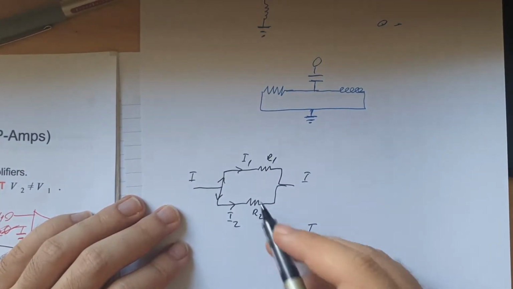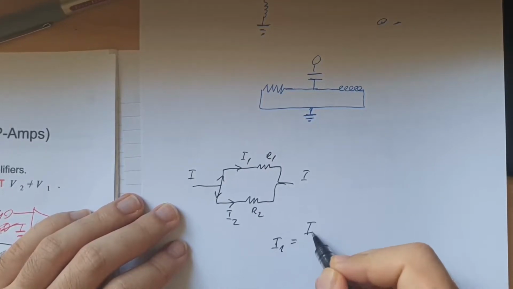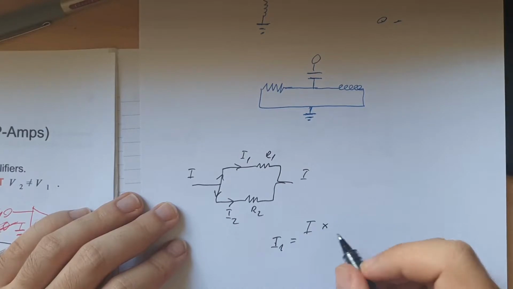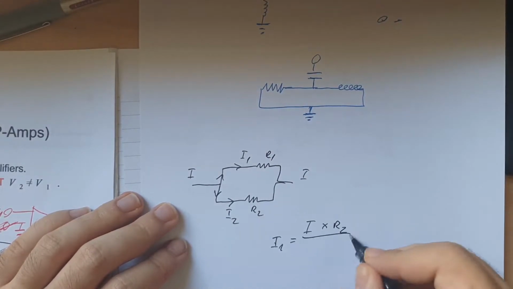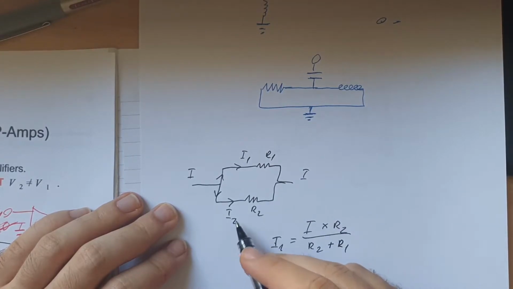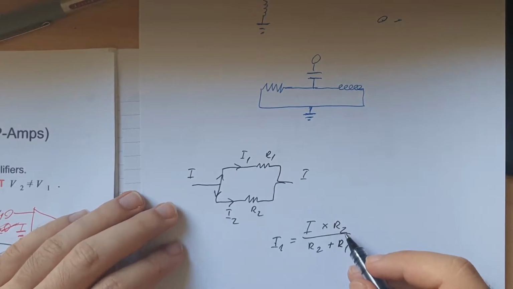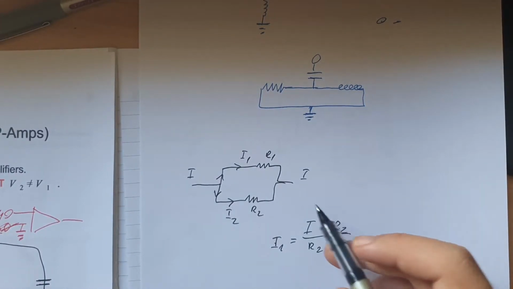Let's say we want to find out I1, then you multiply the total current I by the opposite resistance, R2, and divide by R2 plus R1. You do the same formula for I2, but instead you replace it with the opposite resistance, which will be R1, and then you find I.